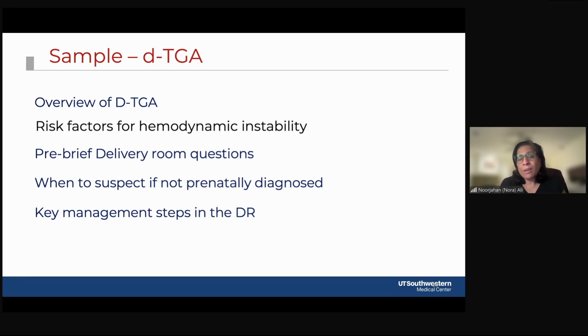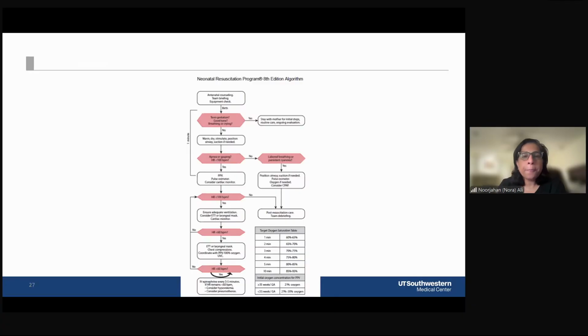And then what about if we don't know that this was truly a baby with a heart defect? What are some clues that would make you think to consider a heart defect? And then what are the specific key managements? These modules were about 15 to 20 minutes because we also didn't want to bore people. And again, we were trying to be very concise with them.